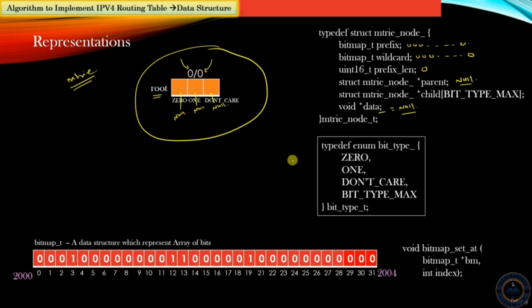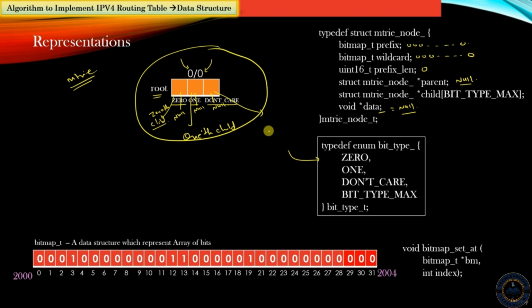Alright. Now coming to this enumeration, as I said, each mtry node is going to have 3 children. These children are indexed in the mtry node as 0, 1 and don't care children. We will discuss in detail when we discuss the algorithm what it means to say that this particular child is the 0th child, or this particular child is the 1th child, and this particular child is the don't care child.